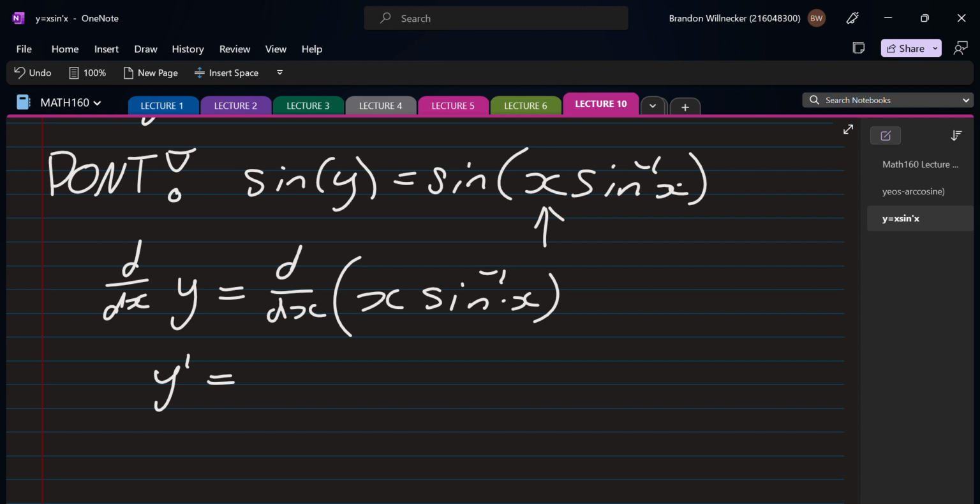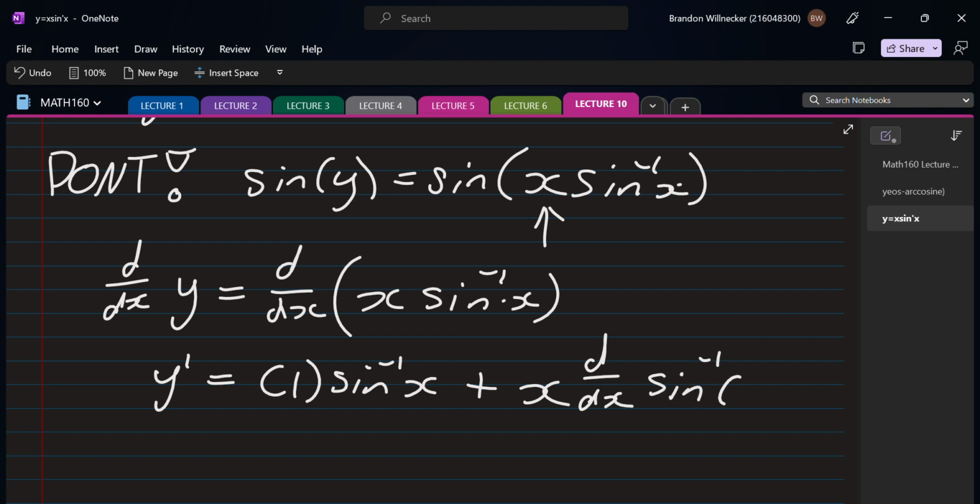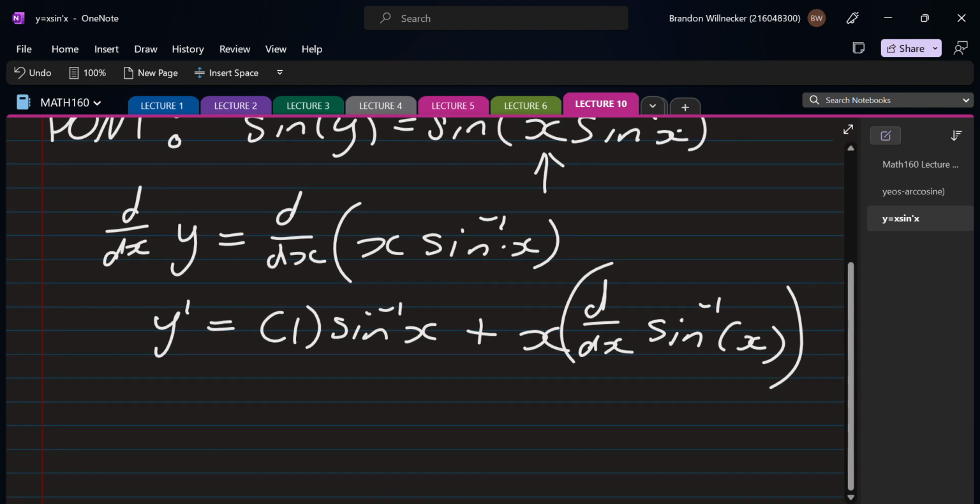So we differentiate the first term, so that's 1. We leave the second alone. Plus, we leave the first one alone, we differentiate the second. We can put that in brackets there. I'm going to leave that as a bit of revision, calculating the derivative of sine inverse.